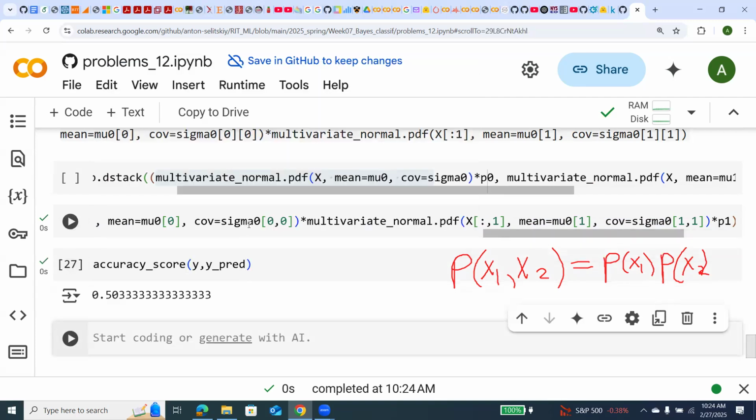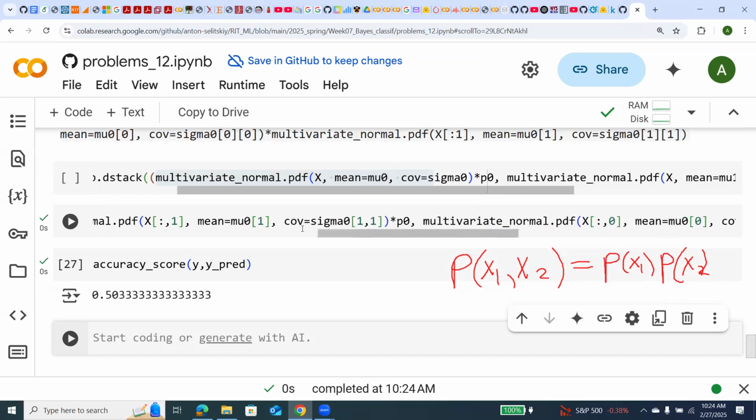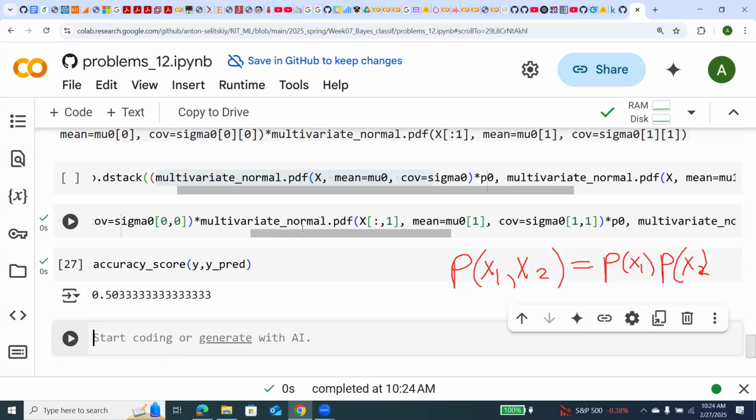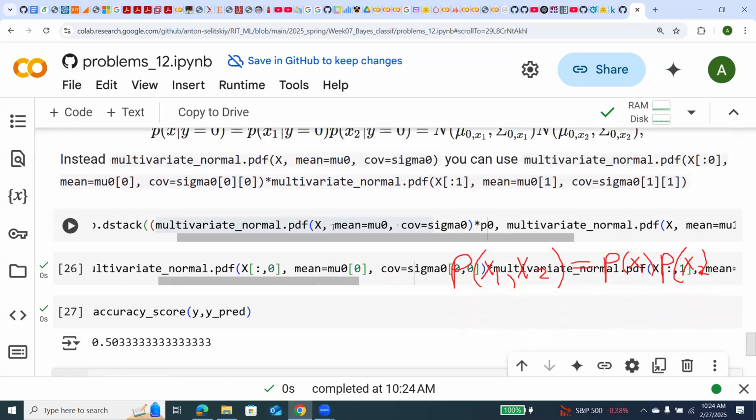Oh, wait a minute, so low. I think it should be actually greater.